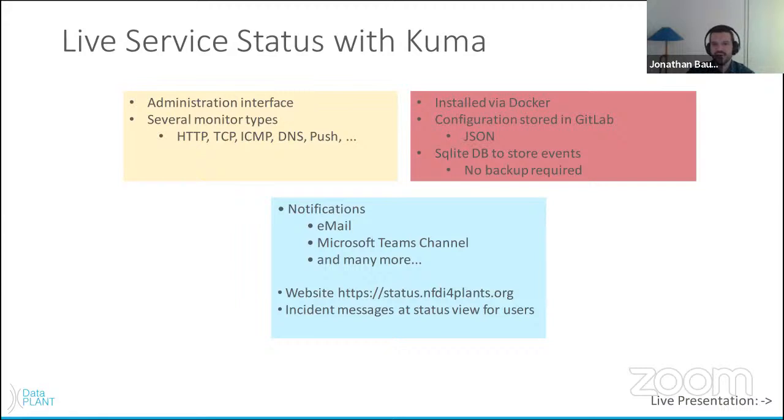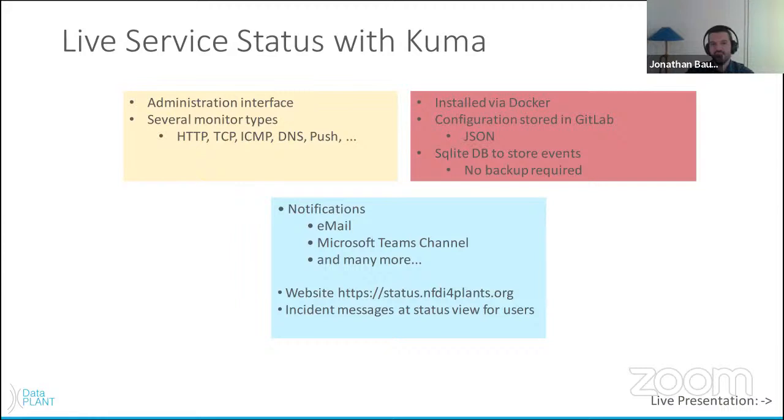And especially the nice thing is it's pretty much stateless if you don't care about the actual events or the probing results, which you usually don't care about because you just want to have a live status page. So that makes it easily deployable again with Docker and without having to actually do any backups or something aside from the configuration, obviously.